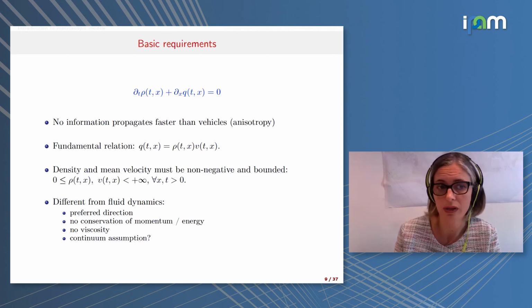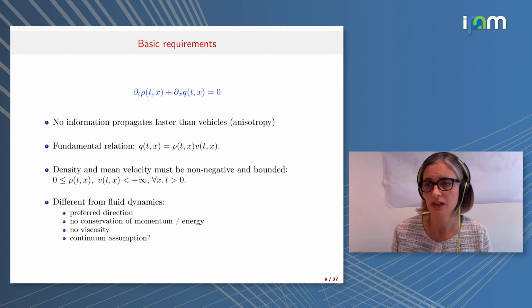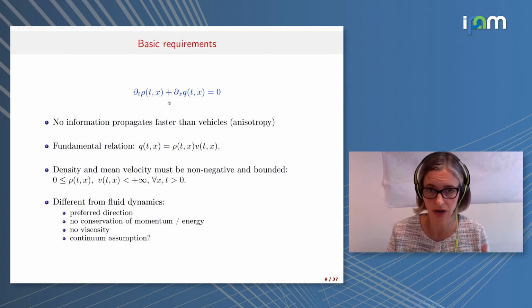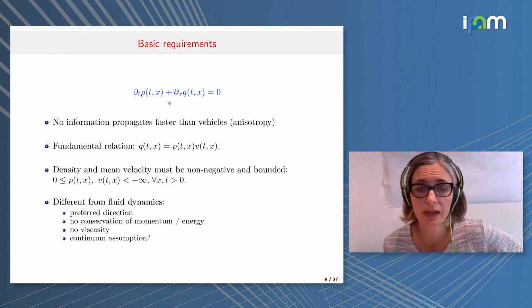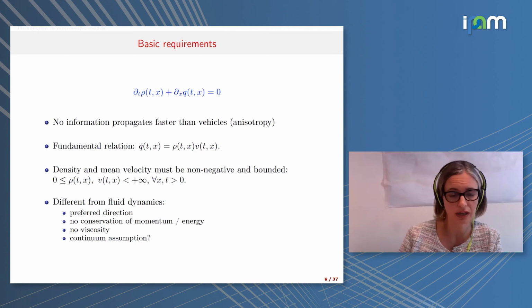And traffic has some specific characteristics that make it different from a gas or a liquid, and that must be described by our model. So first of all, we want that no information propagates faster than vehicles. So the propagation speed of this equation must not be faster than the vehicles. Then we assume, as I showed before, the fundamental relation that links the flow to the density and the speed.